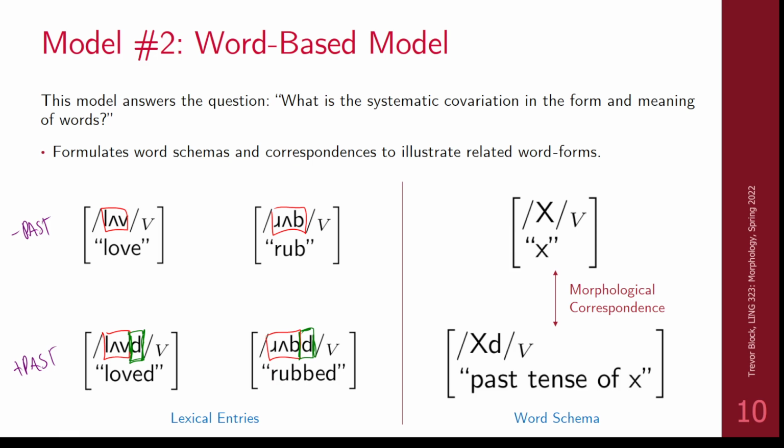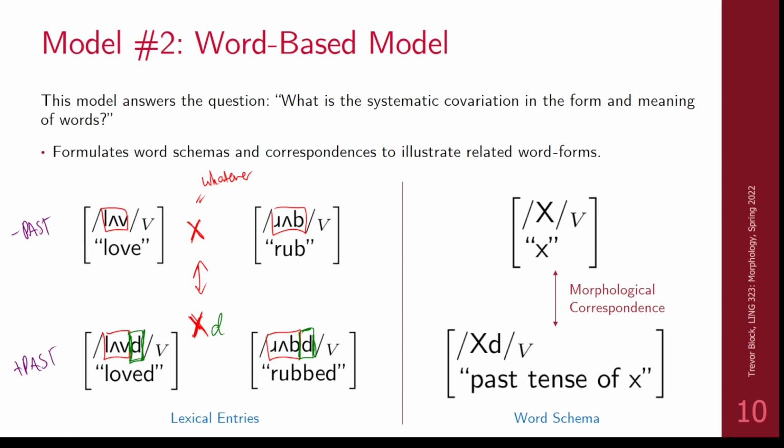And we can say, okay, if we have something of the form X, so X is whatever, and we have a past form with whatever that thing is, so X is the same, but we add D to it, then we get a past form.